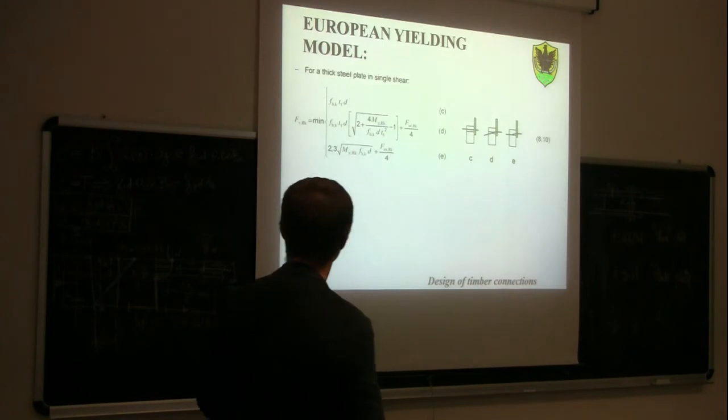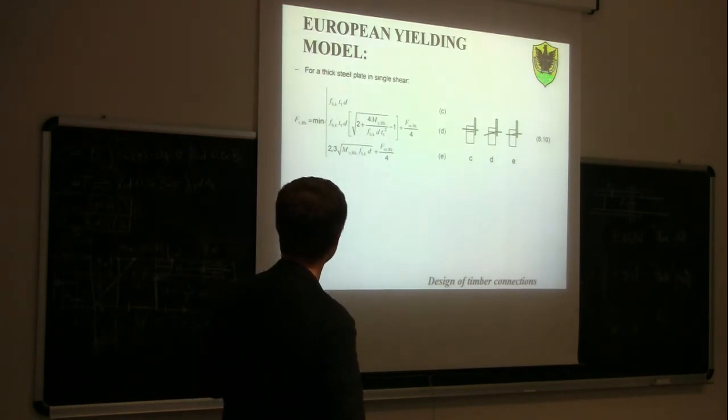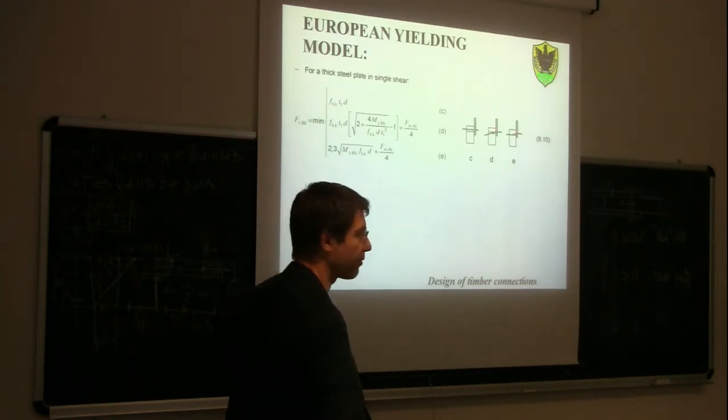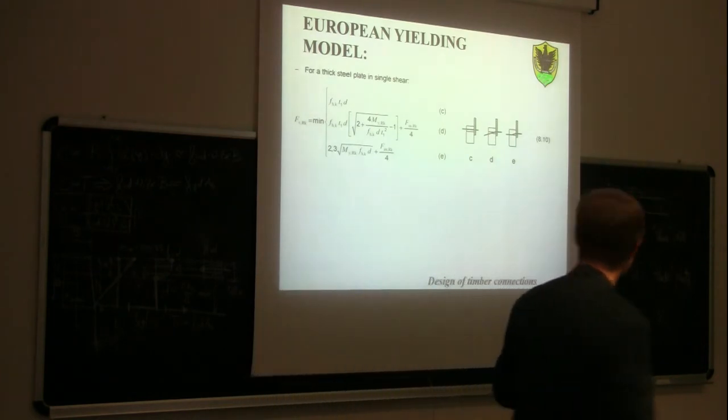This is a thin steel plate. For a thick steel plate, we have three failure modes. Here we have pure crushing of wood. Then we have crushing of wood with the formation of one plastic hinge. And then we have plasticization of wood with the formation of two plastic hinges. And those are the formulas.